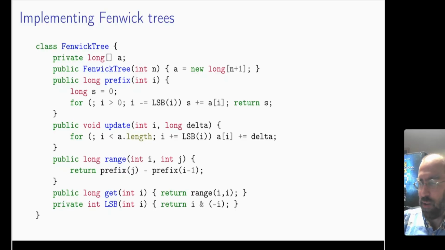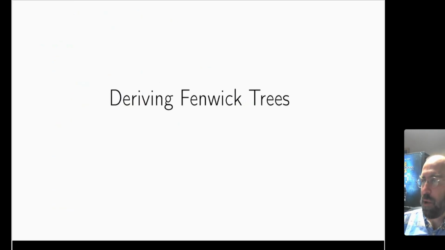And so what the heck is that doing? And what does this have to do with range sums and all that stuff? So the goal for the rest of this is just to kind of explain where this comes from. This is ahistorical, I don't think Peter Fenwick came up with it in this way, but it's one way we can understand these.